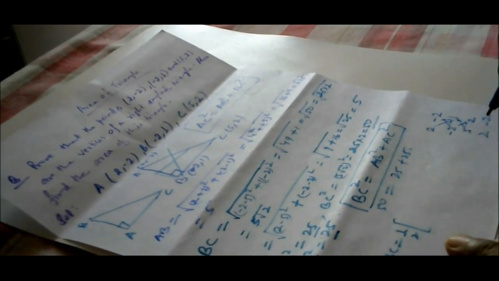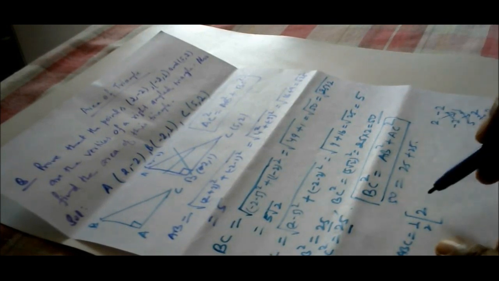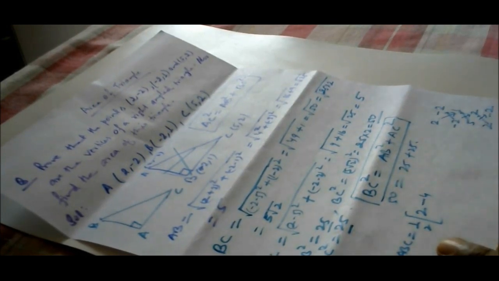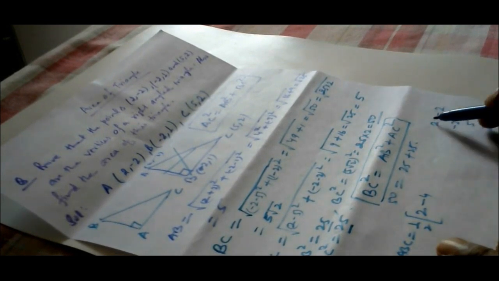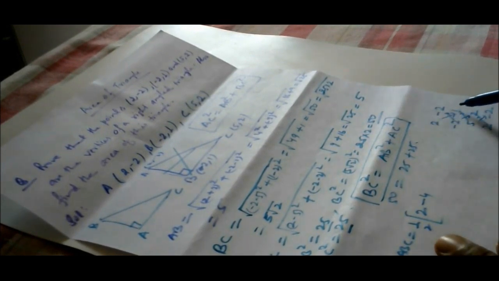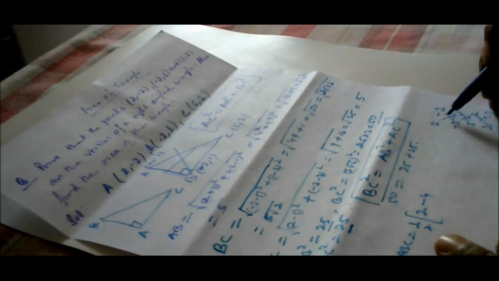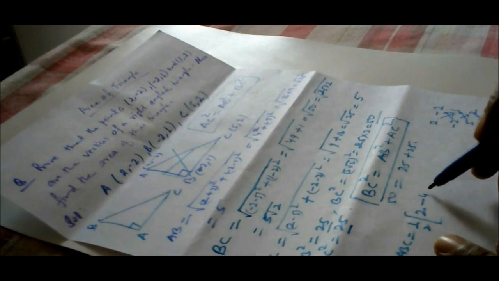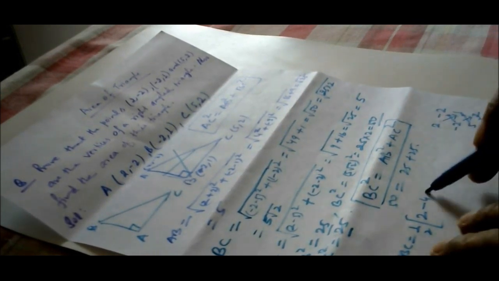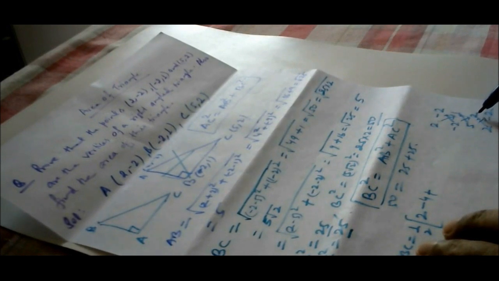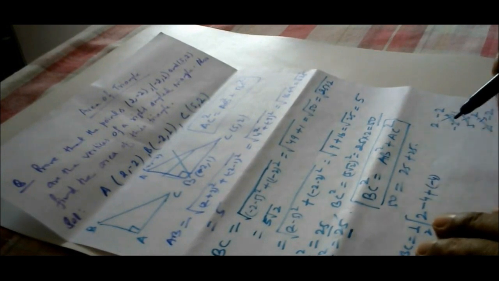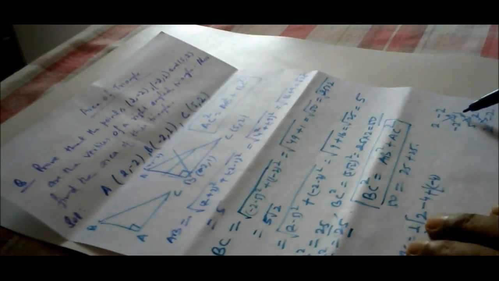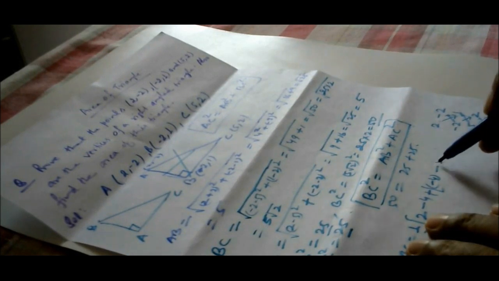So half, 2 into 1 is 2, and minus 2 into minus 2 is 4, so it will become minus 4. That is x1 y2 minus x2 y1. Then again plus another one, minus 2 into 2 will become minus 4, and minus 5 into 1, so that is 5.